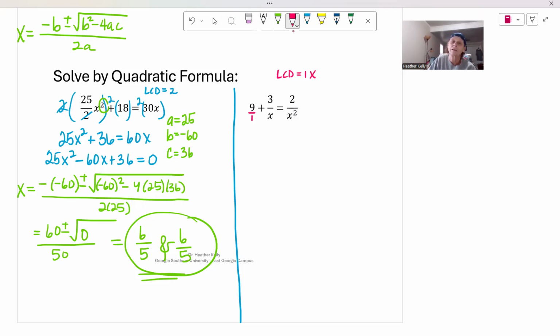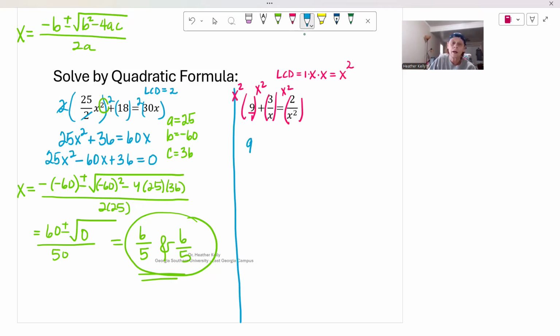There's an x. We look at the next. There's an x squared. Well, I already have 1 x, but I need 2 x's. So it won't be x cubed. It's going to be just one more x. So the full LCD is x squared. And then we're going to multiply everything by x squared. Perfect.